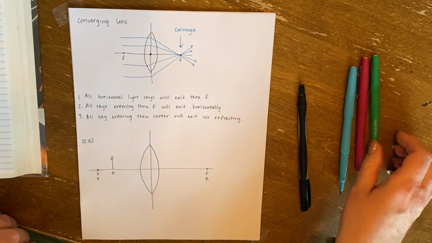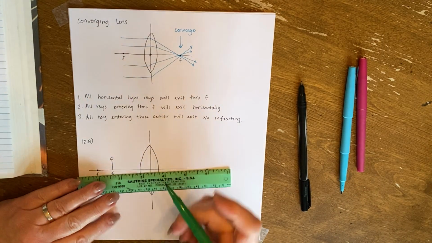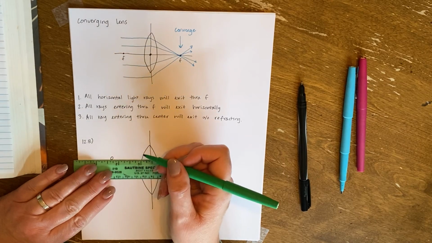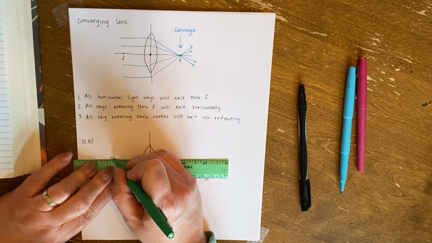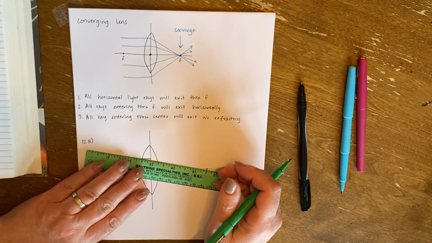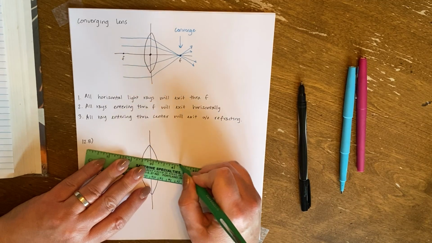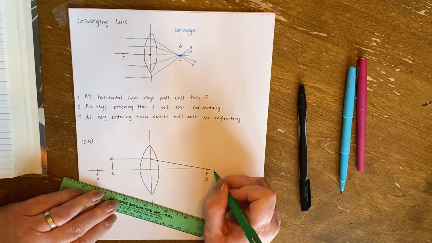So let's draw our 3 lines. We'll start with green and say our horizontal line, once it reaches the center line, is going to converge. Remember, we're doing a converging lens, so it's going to go through the focal point on the opposite side.